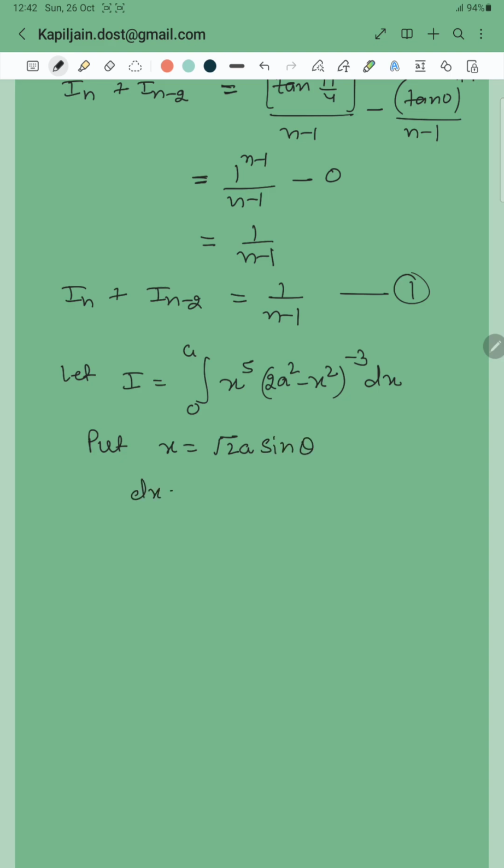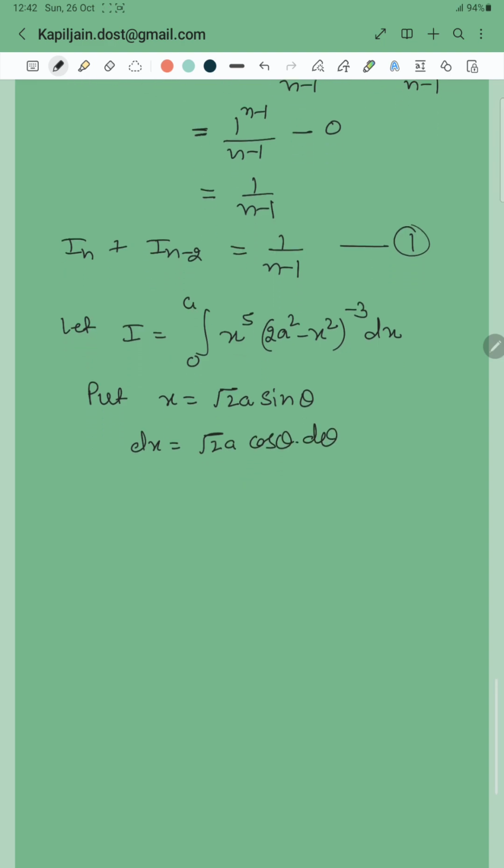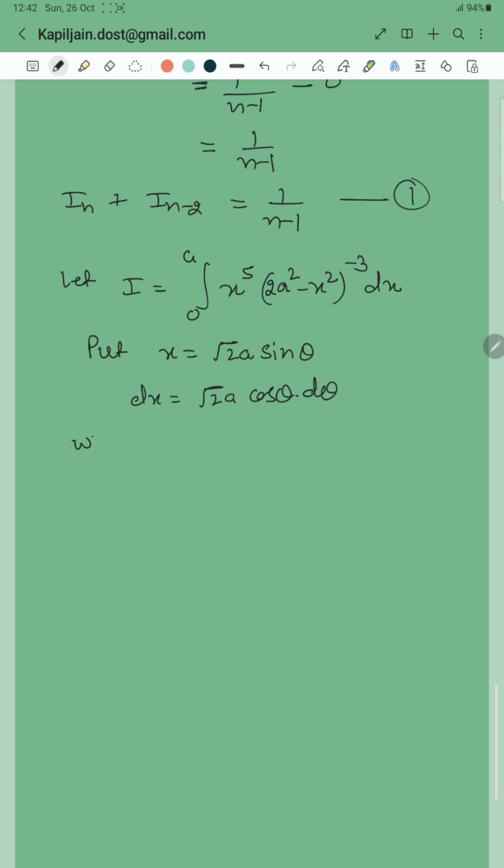So dx is root 2a cos theta d theta. When x is equal to 0, theta is equal to 0, and when x is equal to a, sine theta is equal to 1 by root 2 and theta is equal to pi by 4.